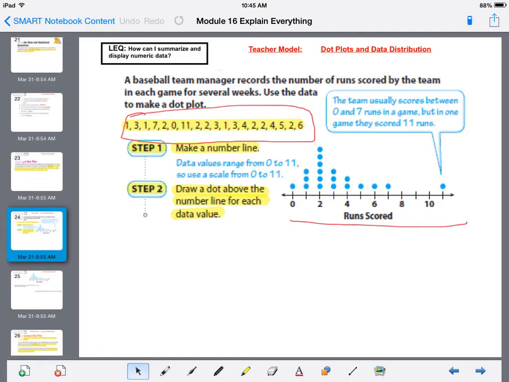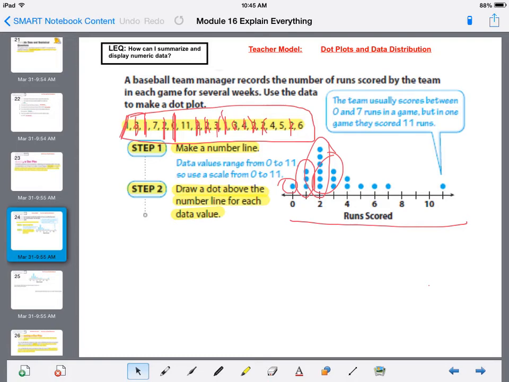We're going to draw a dot above the number line for each data value. So for 0, no run was scored in this game, so there's only one dot there. Where 1 run was scored is 3 times, so we draw 3 dots there. For 2 runs scored, 1, 2, 3, 4, 5, 6, we have 6 dots there. For 3 runs scored, we have 1, 2, 3, the 3 dots there.